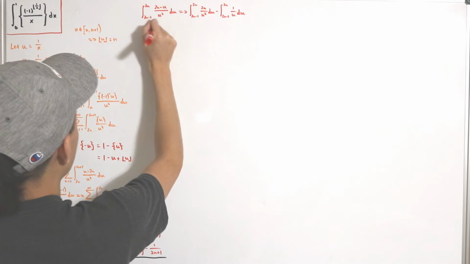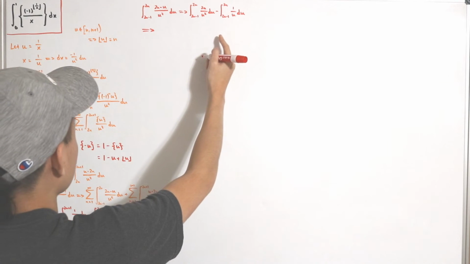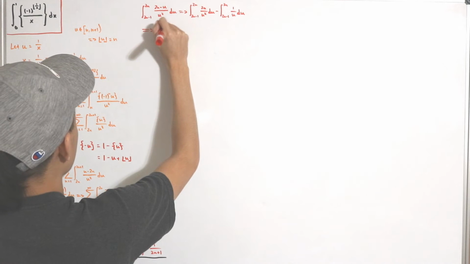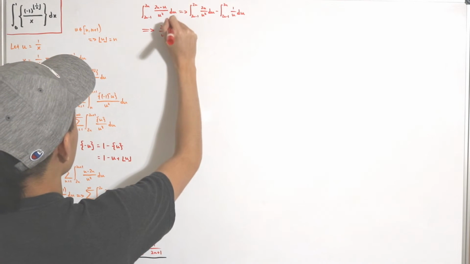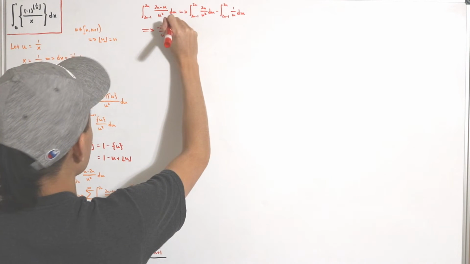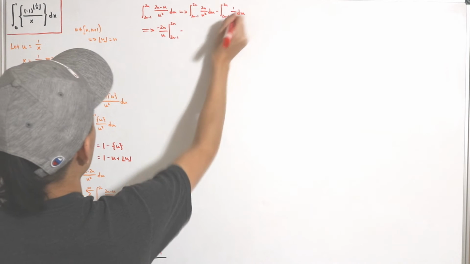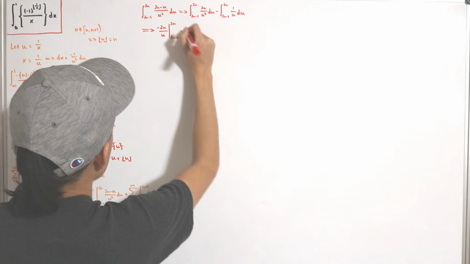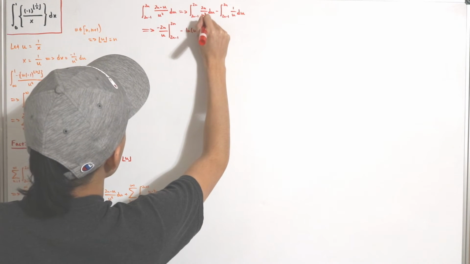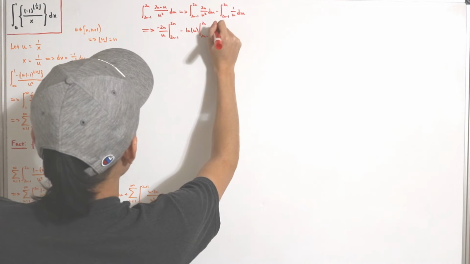Okay, and then let's just go back to here. It's the same thing. So over here, this will be 2n divided by u, negative specifically. So this is negative 2n, and then subtract that with our 1 over u antiderivative, so it's ln of u, with our bounds 2n and then 2n minus 1. Okay, cool.